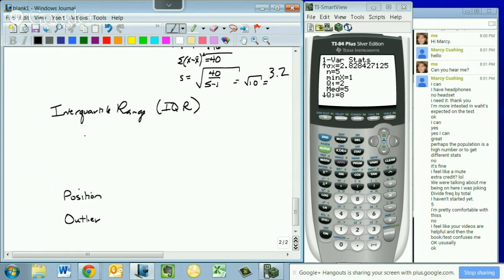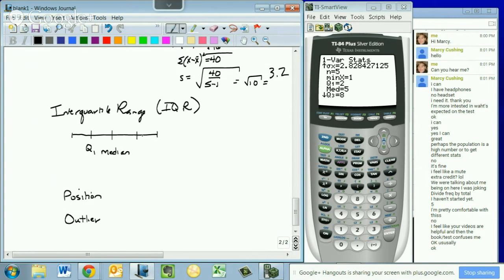So what are quartiles? Well, quartiles basically split a data set into quarters. All right, so if you had a data set that ranges from some low value to some high value, you know that the median splits the data set in half. And then if you split the lower half of the data in half again, that's the first quartile.